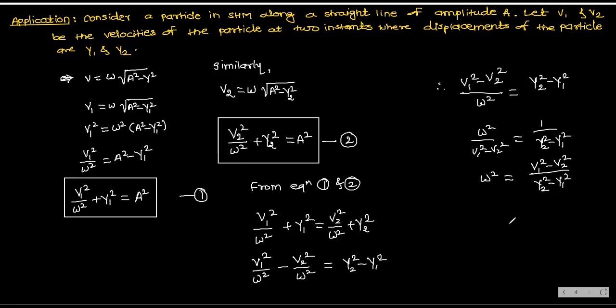Clear? And therefore omega is equal to under root of v1 square minus v2 square divided by y2 square minus y1 square. This we got, the angular frequency.